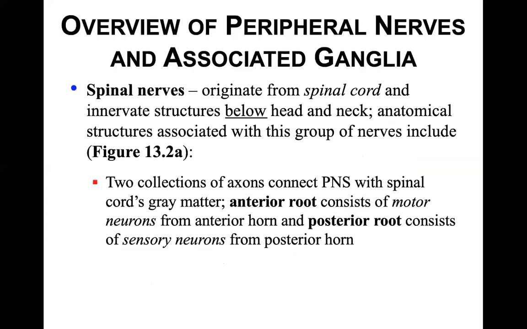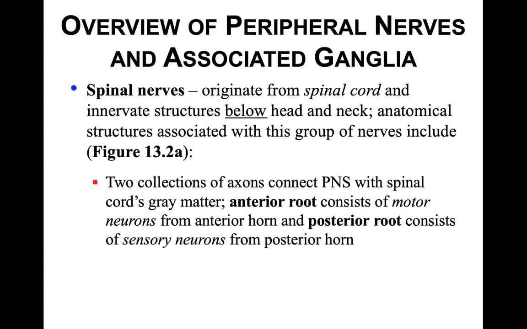We have what are referred to as the spinal nerves. These originate from the spinal cord and innervate structures below the head and neck. Anatomical structures associated with this group of nerves include the two collections of the axons that connect the peripheral nervous system with the spinal cord's gray matter.